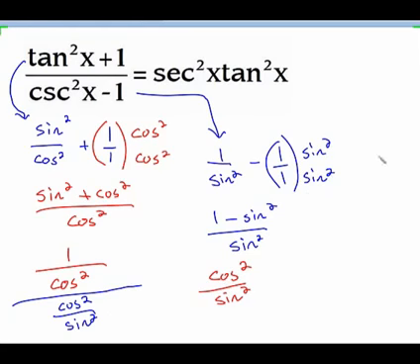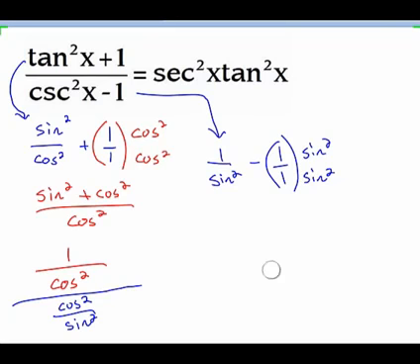sine squared. So then what I'm going to do now, I'm going to take the numerator and multiply by the reciprocal of the denominator. So 1 over cosine squared times the reciprocal of this, sine squared over cosine squared. Right?